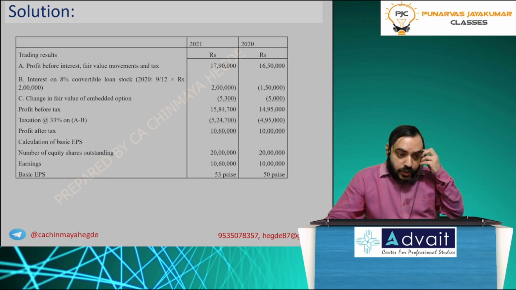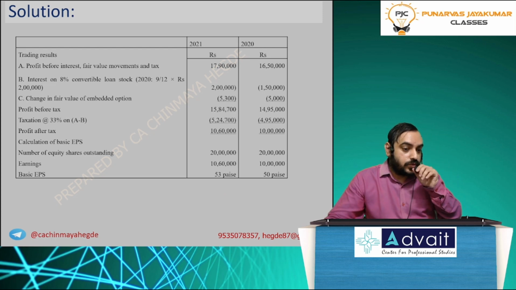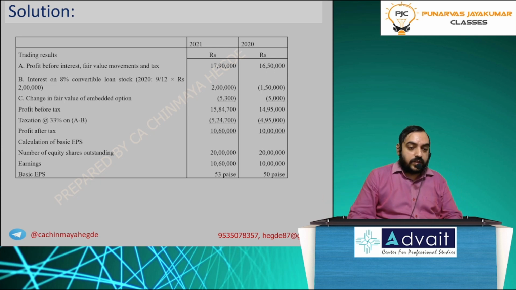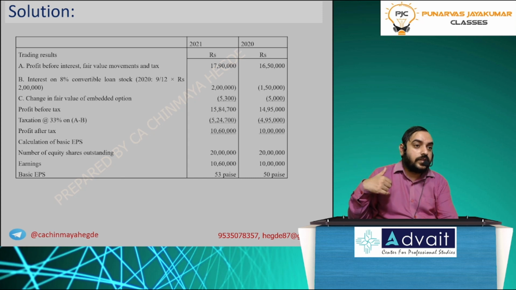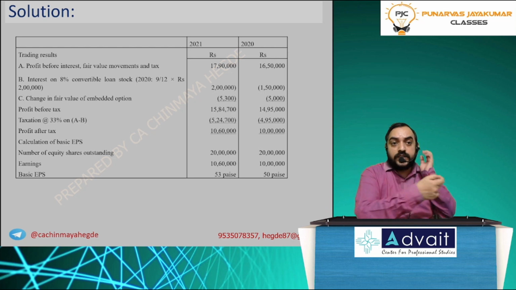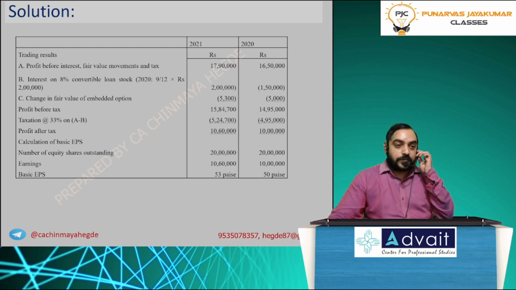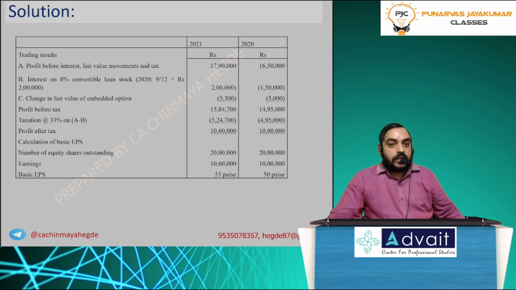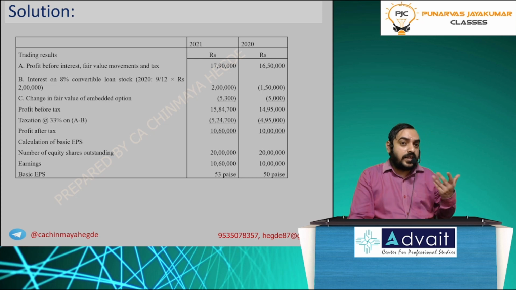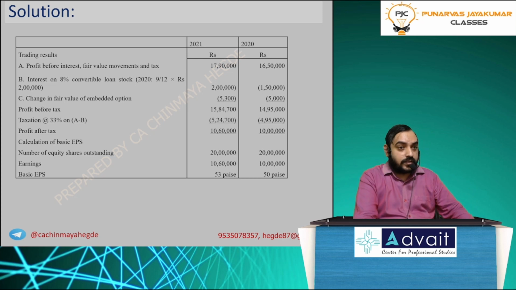The option to convert from loan to shares. The company has given the borrower the option to convert the loan into shares. That option value they are valuing, the option to convert. So when you give somebody else the option to buy shares from your company, you are going to sell the shares.